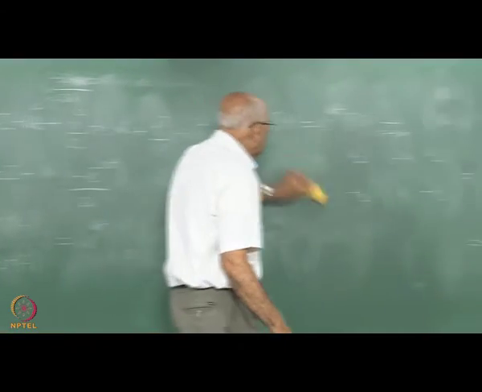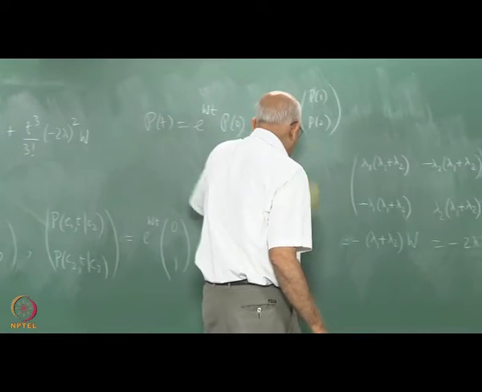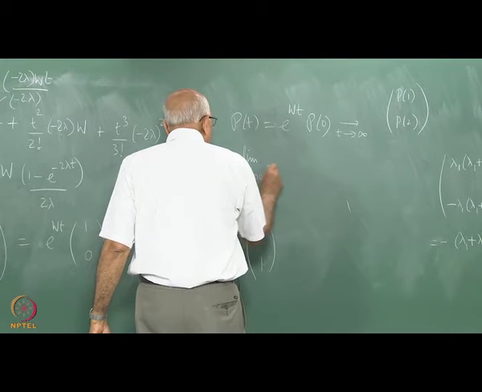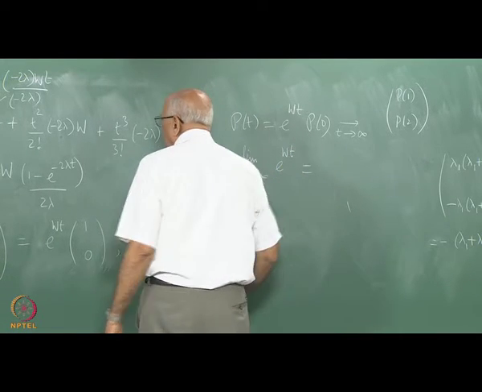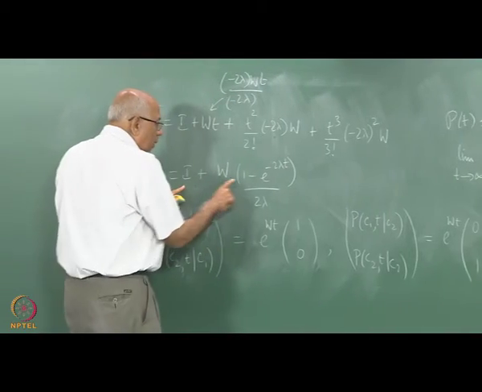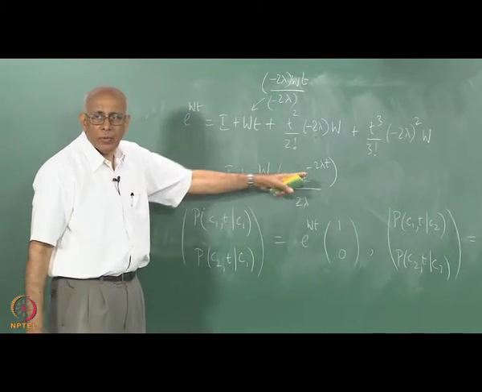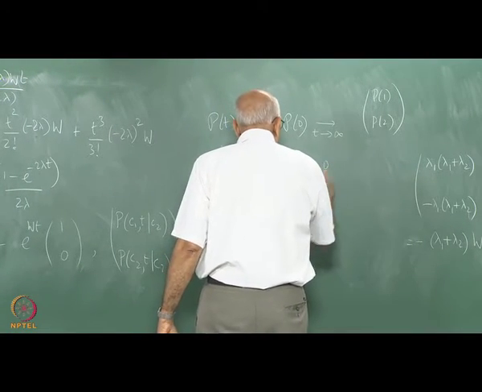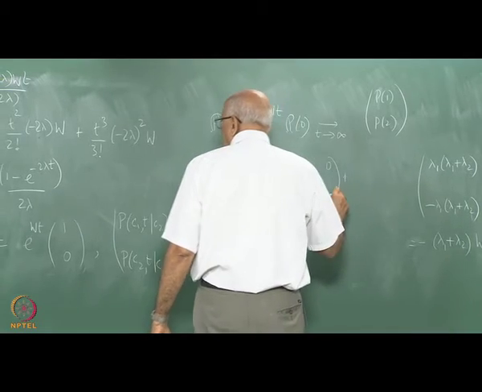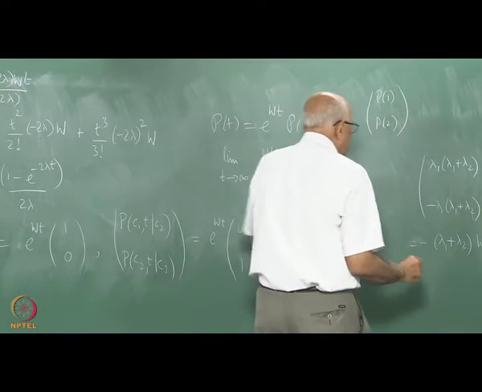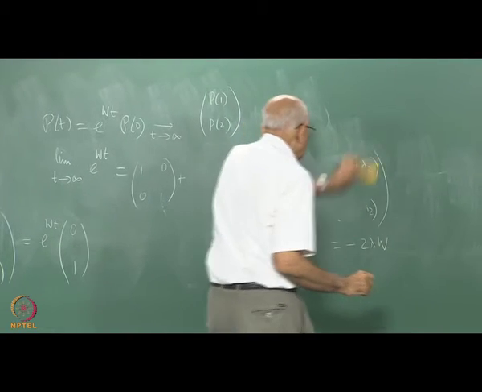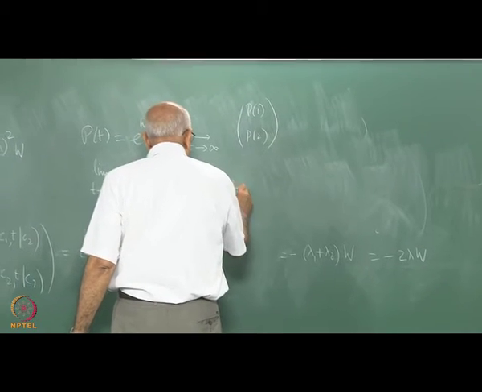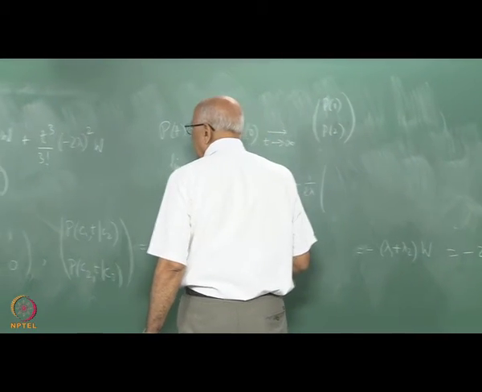So we know that the limit as t tends to infinity of e to the wt turns out to be the identity matrix plus w over 2 lambda, because the decaying term goes away. So you have 1 0 0 1 plus w over 2 lambda, and now you have to tell me what is 1 over 2 lambda. What is w, by the way?